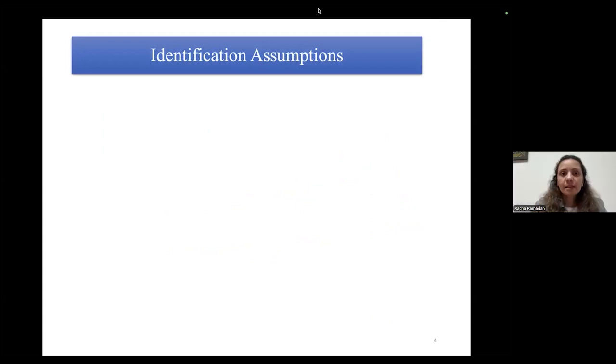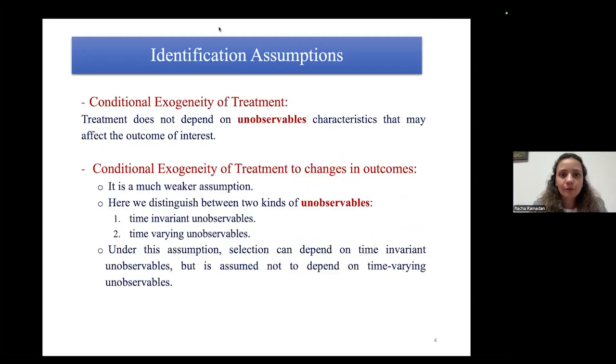For this type of data, with a trend over time, we have identification assumptions. The first condition that should be verified is what we call the conditional exogeneity of treatment. We suppose that the treatment does not depend on unobservable characteristics that may affect the outcome of interest.